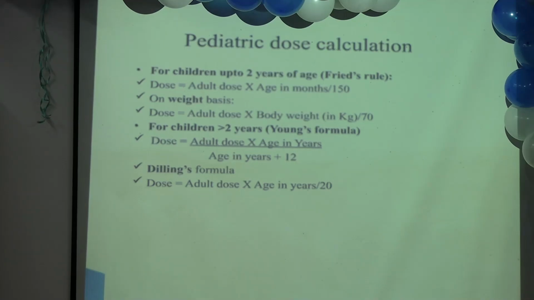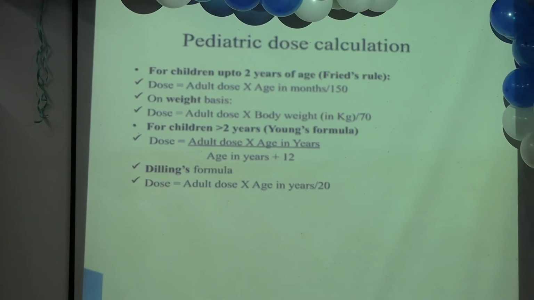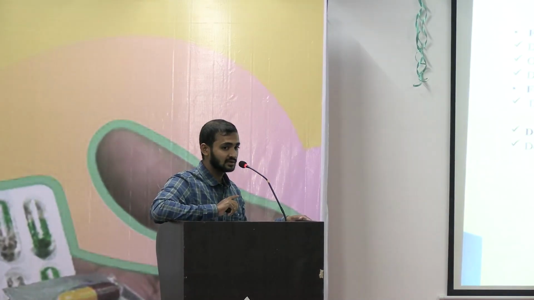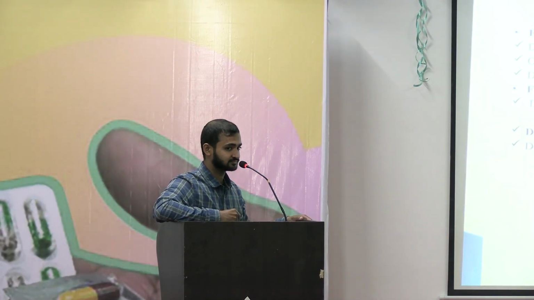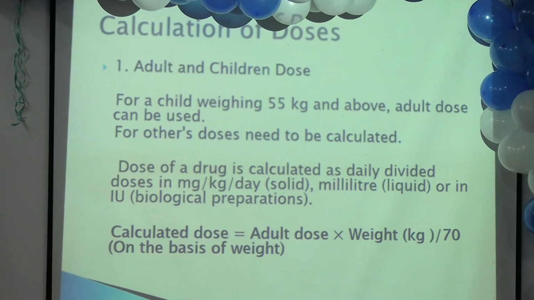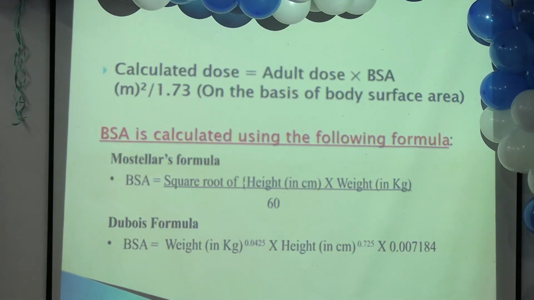In the case of Haley's formula, it is the adult dose multiplied by age in years divided by 20. So here we have the calculation according to age. This is for pediatric patients, up to 55 kg.